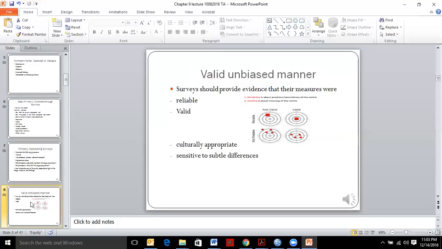Also, when we look at the unbiased manner of the survey, we also want to ask if the survey was culturally appropriate and if it was sensitive to subtle differences in the sample.